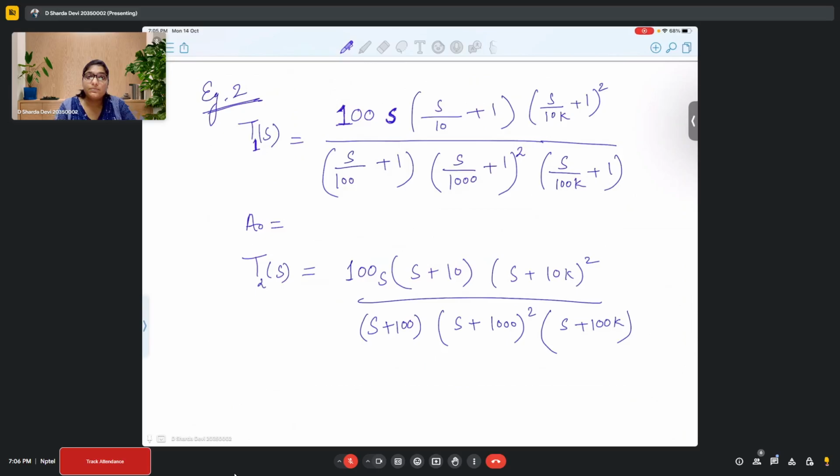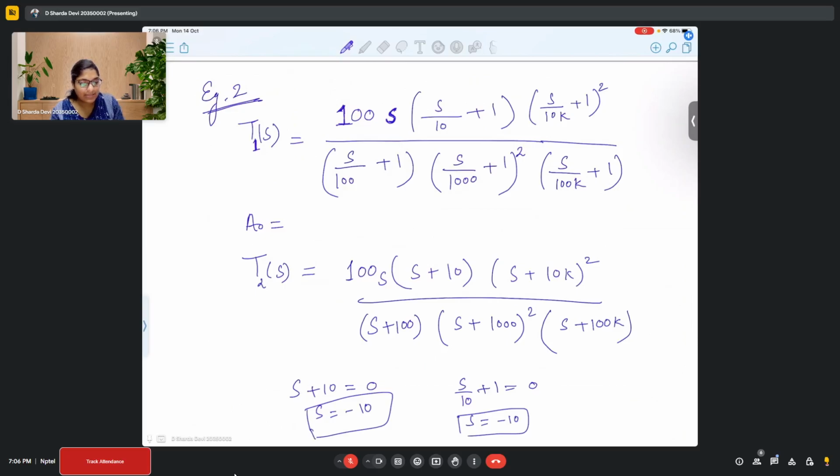So S plus 10, we can write, let's take 10 outside and S by 10 plus 1. If S plus 10 equal to 0, then S equal to minus 10. If S by 10 plus 1 equal to 0, then S is equal to minus 10. Right? So in both cases, you are getting the same values. So poles and zeros are at the same position, there is no change in them, correct? Yes. So in that sense, both the transfer functions are similar.